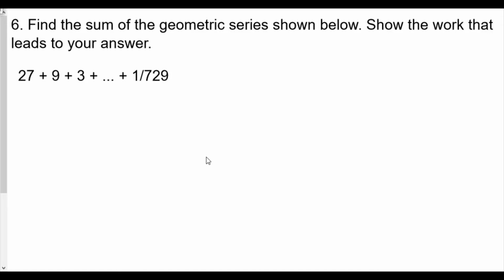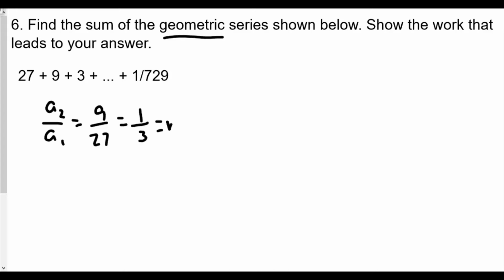Okay. Well, it's geometric, so we need to find the common ratio. So we take a2 over a1, which is really going to be 9 over 27, which is 1/3. So that's our r value. Our a1 value is 27. And now we got to figure out the nth term.